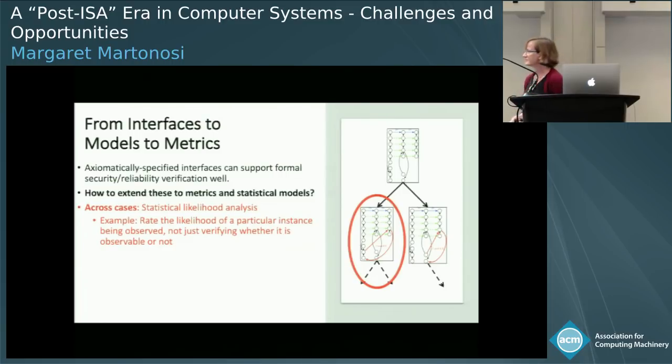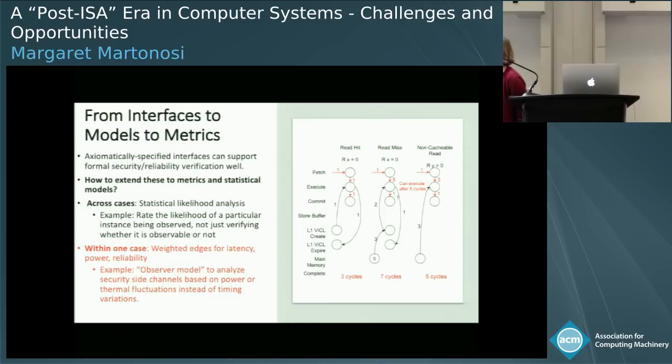Within one of these scenarios, there's also some interesting work to be done on quantification. Here, what we're looking at are coming up with not just A happens before B, but A happens a certain amount of time before B, or the transition from A to B has a certain amount of power dissipation associated with it, and so forth. What can you do with this?